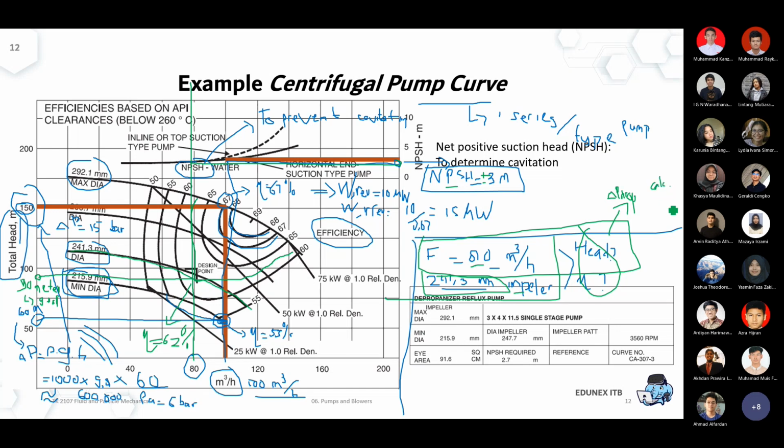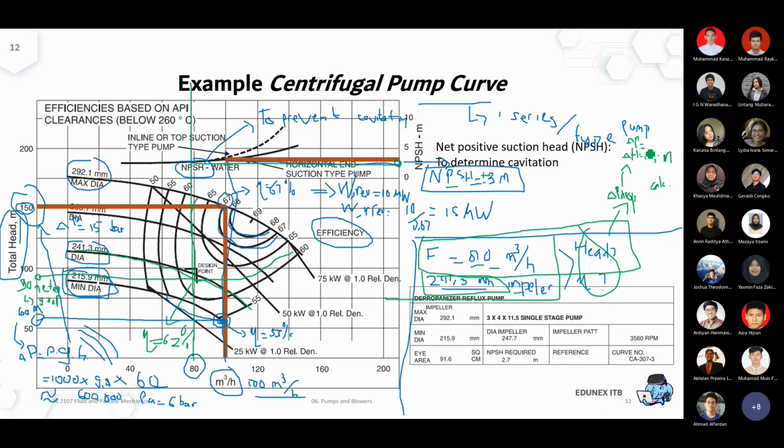Okay, so I know that my pressure differential will be around 125, let's say. So now I'll give you my last example before I move on into the next slide. Based on the calculation, I know that my delta H, not P, delta H will be 125 meter. Why do I know this number? Because from my pressure drop calculation, I need to transfer oil through a very long pipeline.